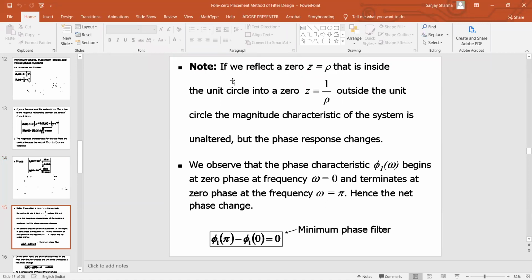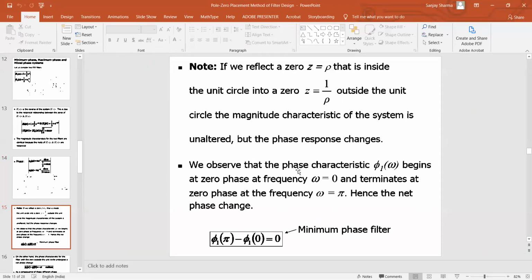Let us see how we can state the difference. If we reflect a zero, meaning z equal to rho, that is inside the unit circle, into a zero z equal to 1 over rho, outside the unit circle, the magnitude characteristic of the system is unaltered, but the phase response changes.